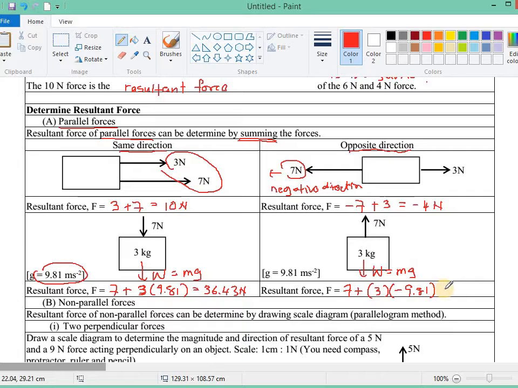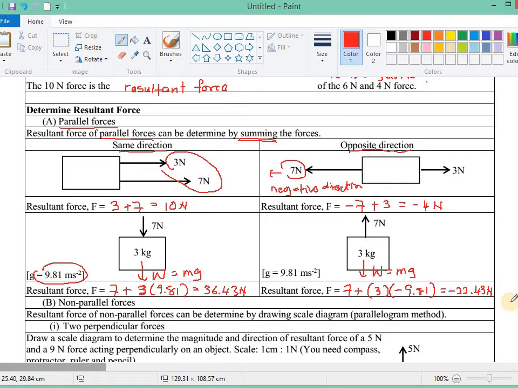So we get negative 22.43 Newton. Negative 22.43 Newton is the resultant force for the weight and the 7 Newton.